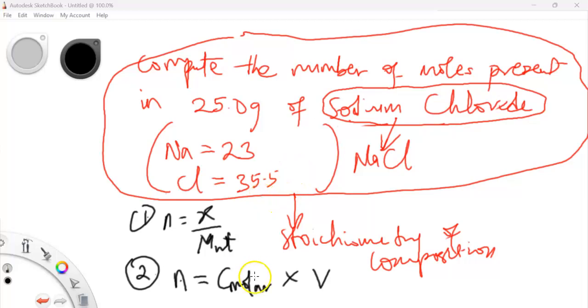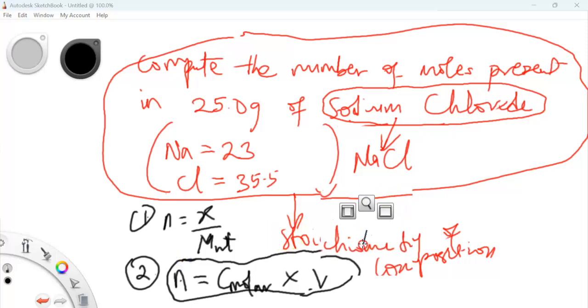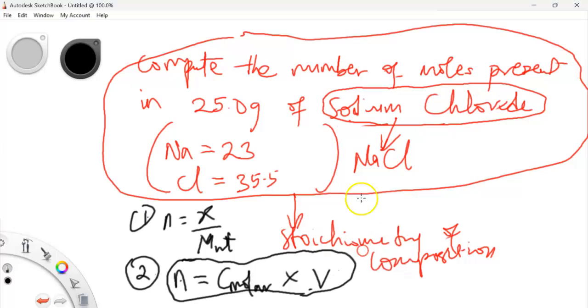This is the second basic formula of stoichiometry of composition. This second basic formula has two aspects.